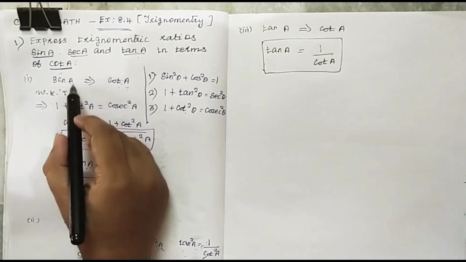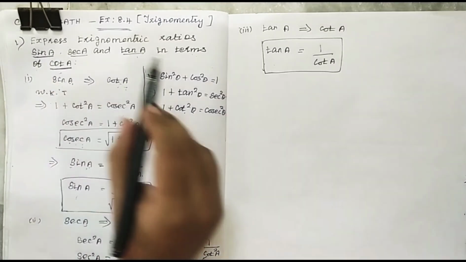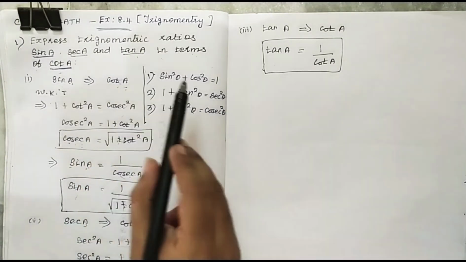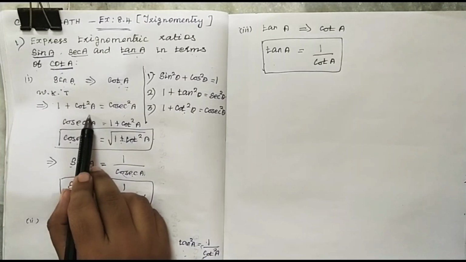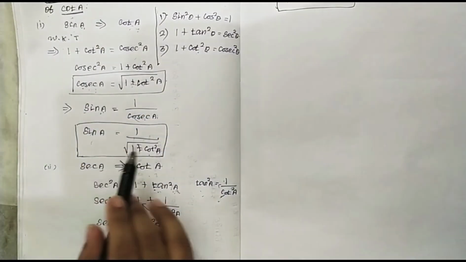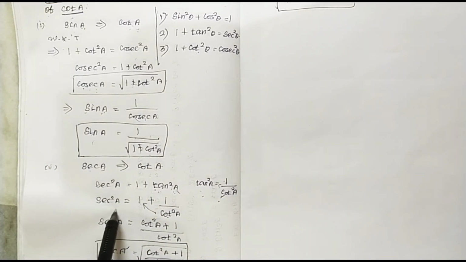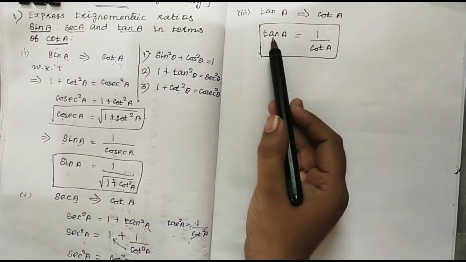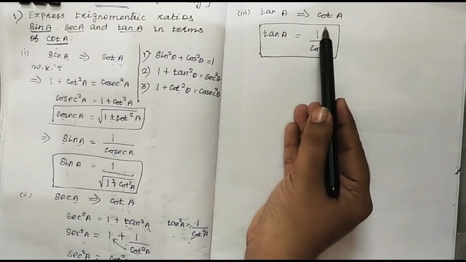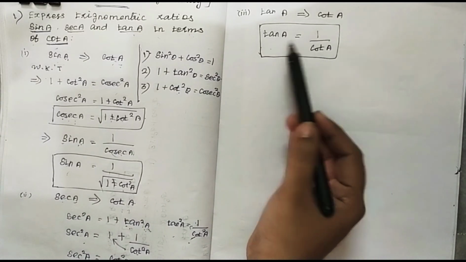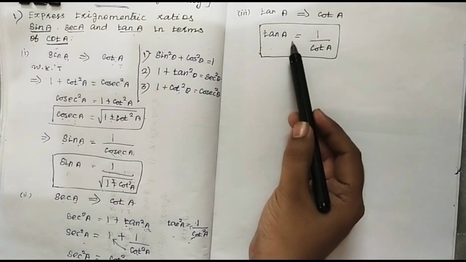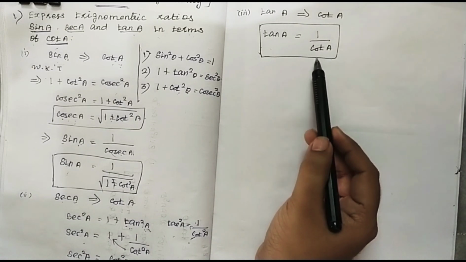So for sin A to cot A, we used the third trigonometric identity. For secant A to cot A, we used the second trigonometric identity. In the third one, tan A to cot A, directly we take the reciprocal concept: tan A equal to 1 divided by cot A.